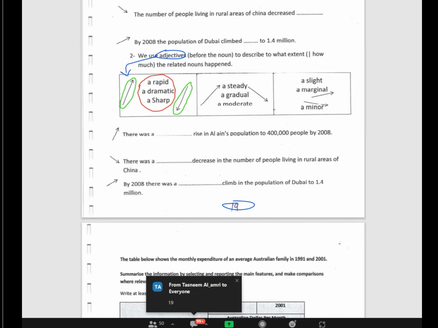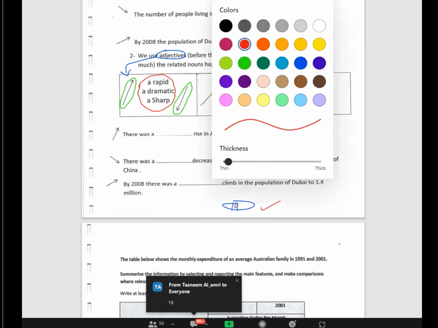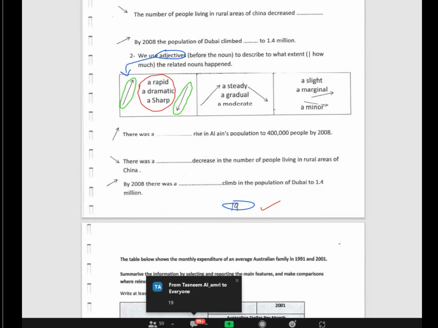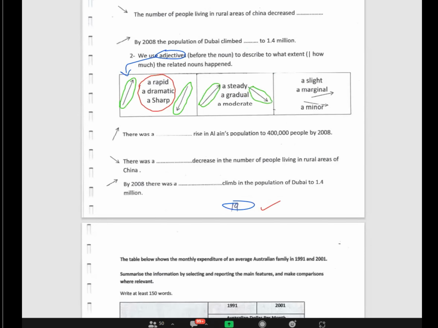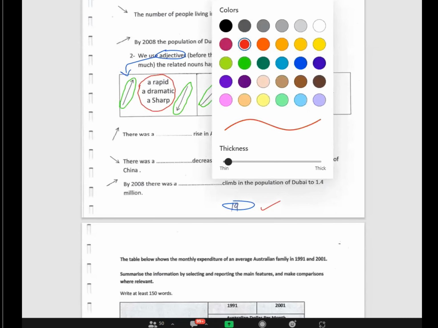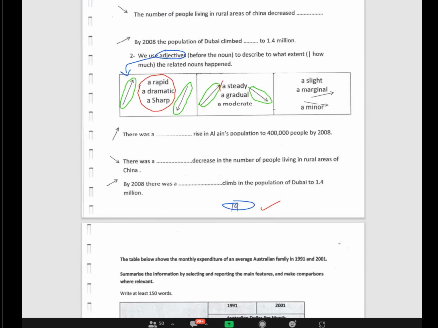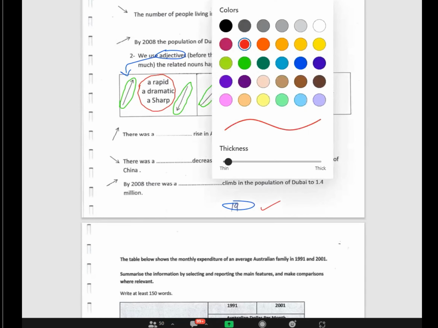Page 19. The second one, look at the movement. It's not very high and not very low, in between. So we can say a steady, a gradual, or a moderate increase or decrease. These are adjectives.